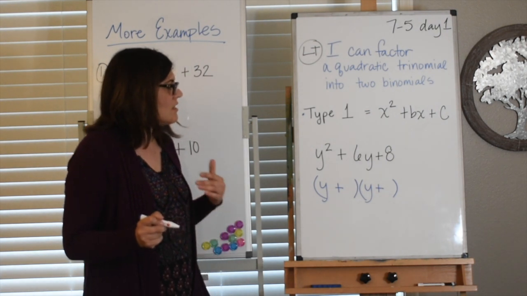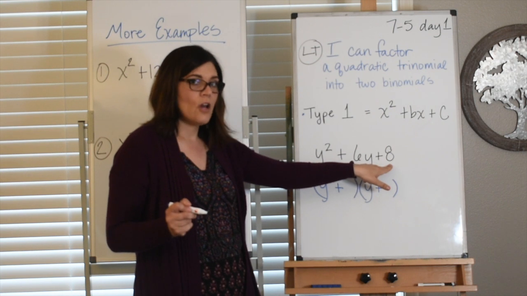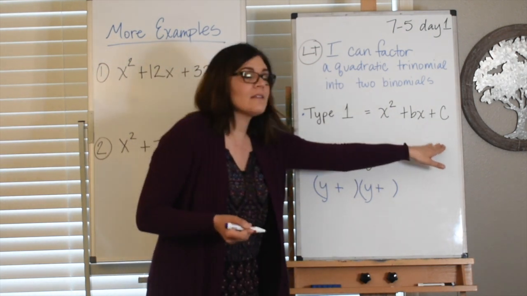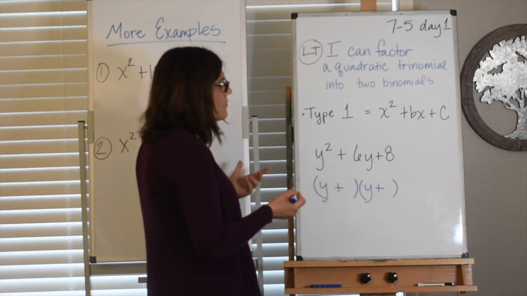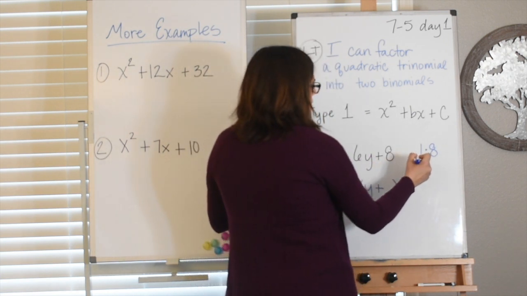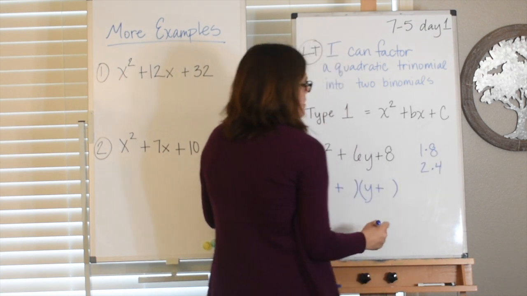So then I just need to think to myself, this c term, or this constant term at the end, what are the factor pairs that make up 8? And I'm going to list them out here on the right-hand side. So I know that 1 times 8 is 8. I know that 2 times 4 is 8.